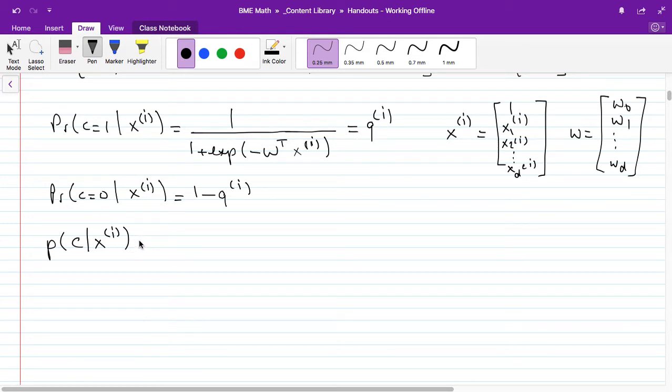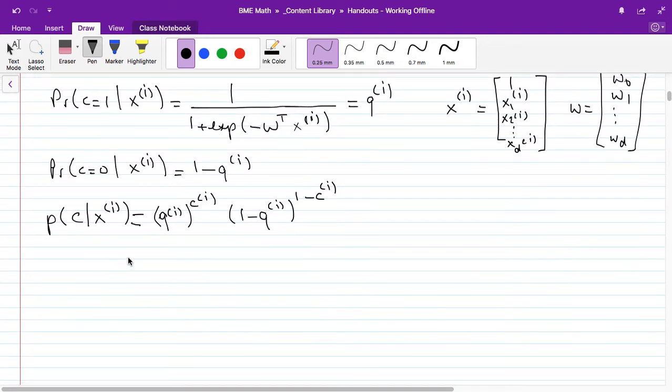So to write the probability distribution for this binomial system, we have Q_i raised to the power of c_i times 1 minus Q_i raised to the power of 1 minus c_i. Whatever the class is, it picks the power. So this describes the probability distribution for these two probabilities that we have.